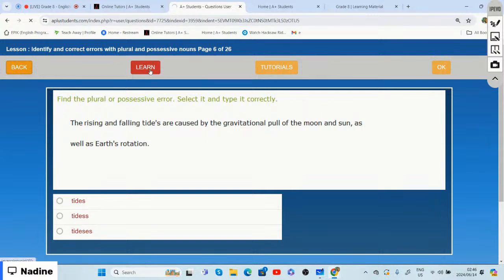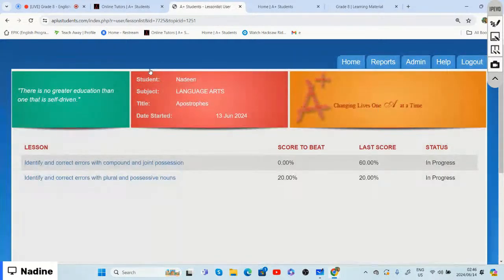All right, so that is the end of our lesson on apostrophes. With apostrophes, it shows where someone or something owns something or has something, and then we add an apostrophe to that specific word or noun to show who owns something or who has something. A plural noun shows more than one thing. For example, we made an example of employees.